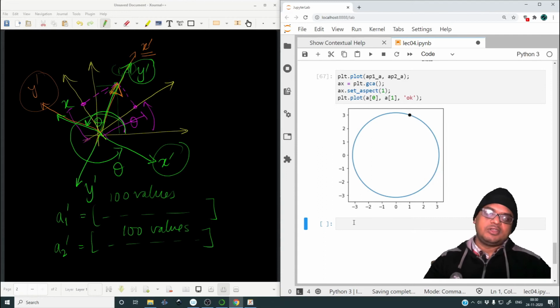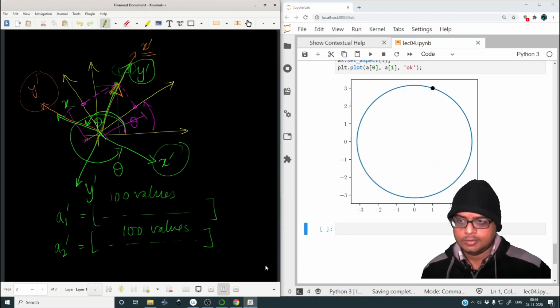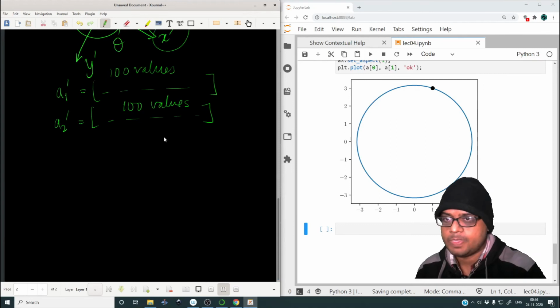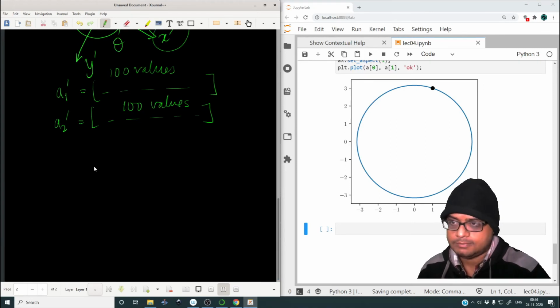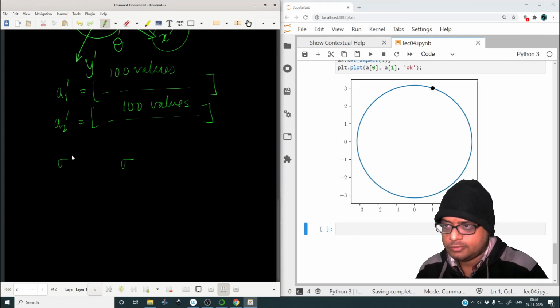So now once we're done with this, we are ready to move into transforming stress. Okay, so now let me just mention how a matrix transformation looks like. So if we have a matrix sigma, so the components of sigma prime will be q times sigma times q transpose.